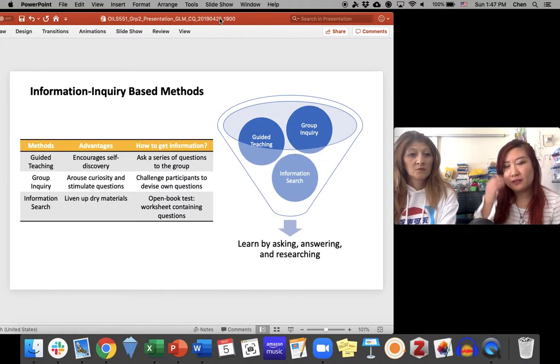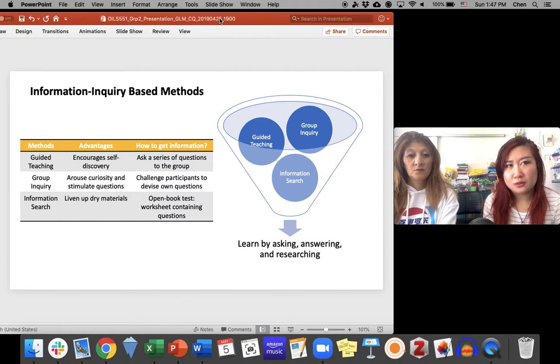Next, we have the category called information inquiry-based methods. In this category, we have 3 types of methods. One is guided teaching, one is group inquiry, and one is information search. And all these 3 methods are about asking your students to inquire information as they're learning. So essentially, either they're working in groups or working individually.